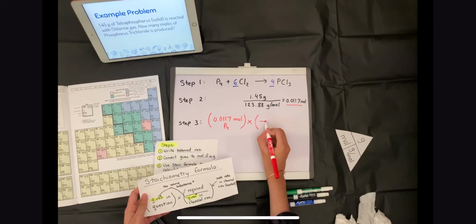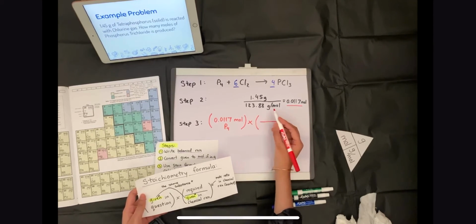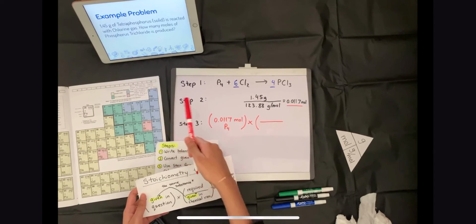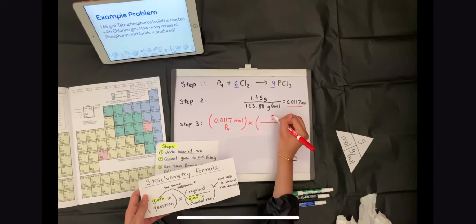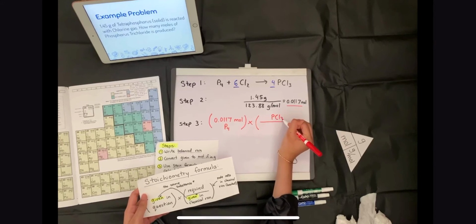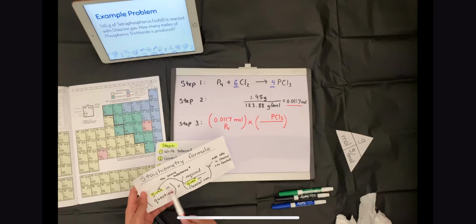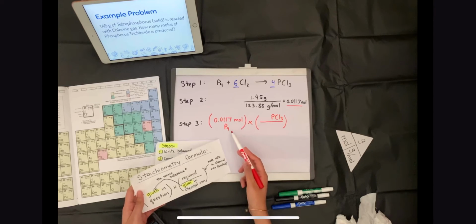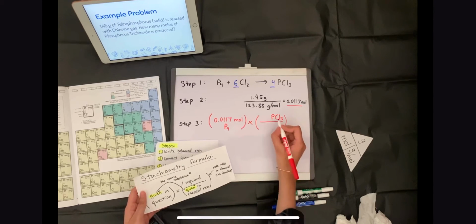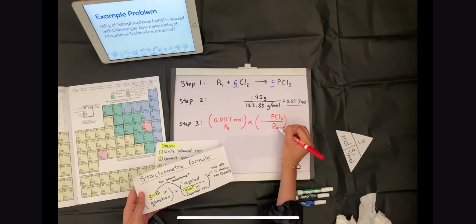Now we multiply this. First, on top of this we have to put the required. Required is phosphorus trichloride. So we write phosphorus trichloride, and given in chemical reaction. These two always have to be the same. So we know that is phosphorus. Let's just put phosphorus under.